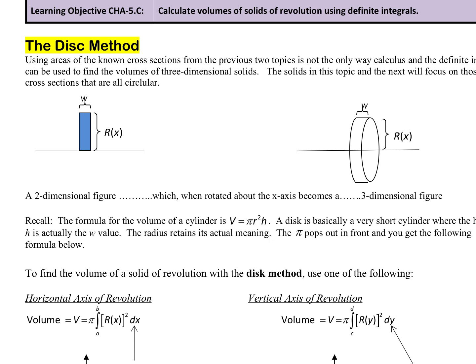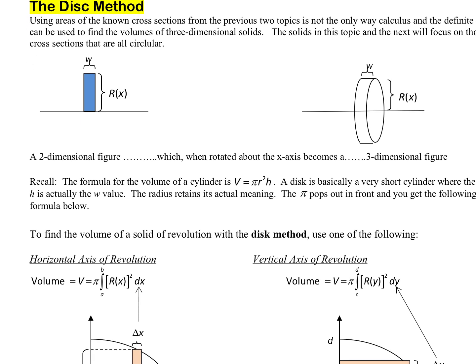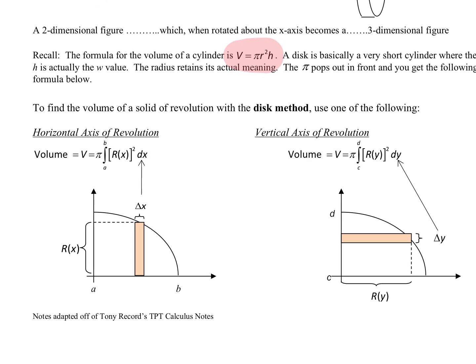If you remember back from geometry, the volume of a cylinder is pi r squared times the height, right? It's the area of the base, which is pi r squared, times however tall my cylinder is. Now, when you're talking about integrating those two things, you've got 2 pictures here that are pretty nice. When we're doing a horizontal axis, that means rotating around the x-axis like this.